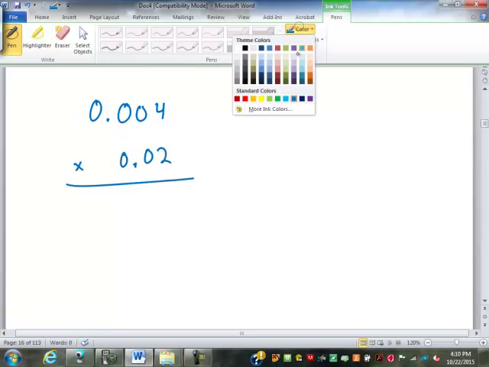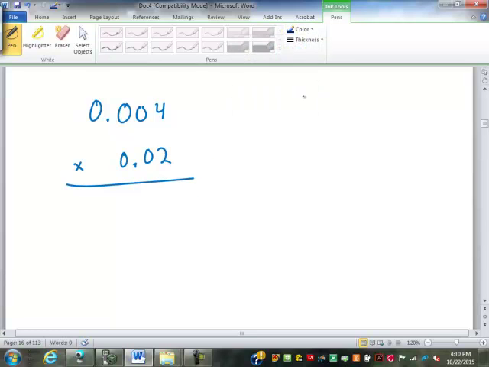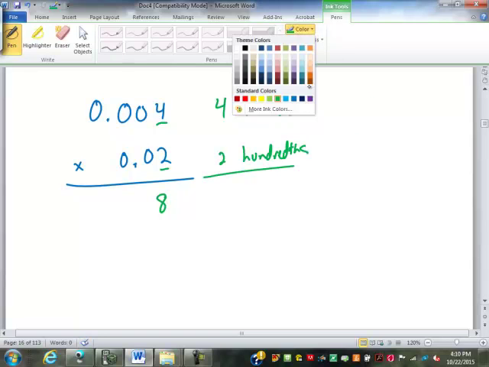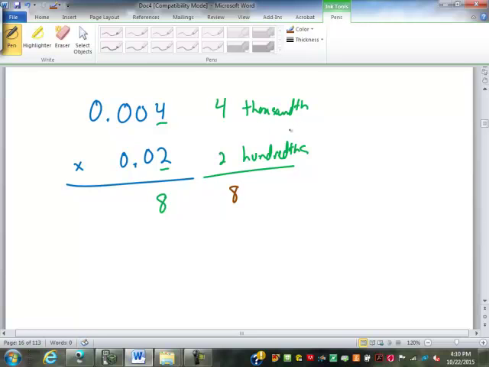So I'm going to turn that to look like this. 0.004 times 0.002. How did we do this? Well, a shortcut would be 2 times 4 is 8, but this is 4 thousandths, and this is 2 hundredths. 4 times 2 is 8, but what's thousandths times hundredths? 100 thousandths, right?